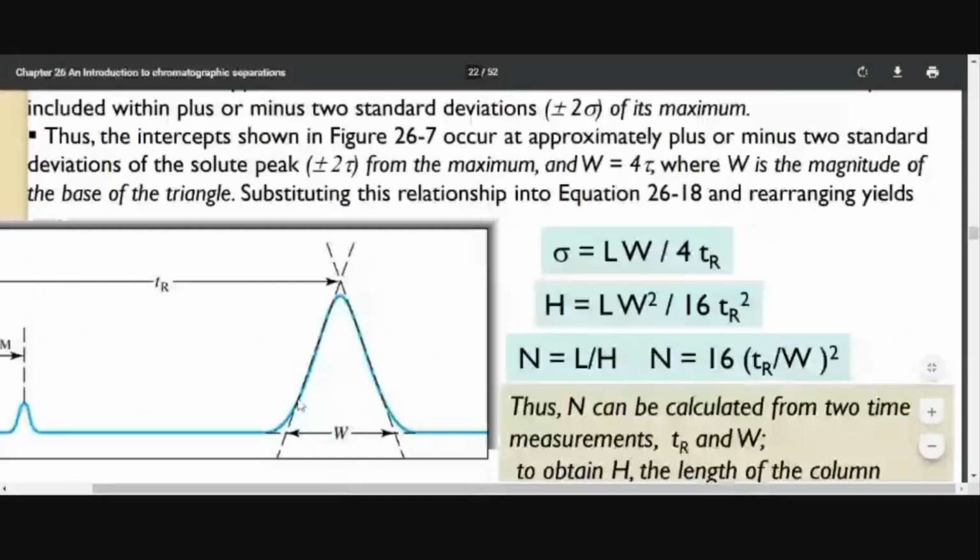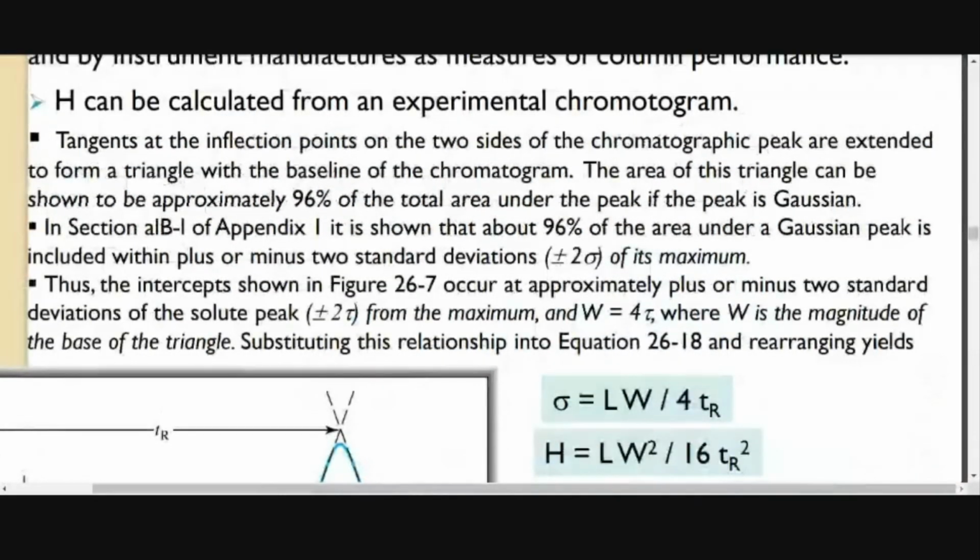We are talking about the ascending part of the curve and the descending part of the curve, so we are going to draw tangents on that part. Those tangents will form a triangle with the baseline. The area of this triangle can be shown to be approximately 96% of the total area of the peak, as it is a Gaussian peak. We just saw the explanation.